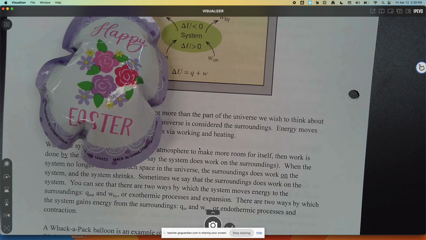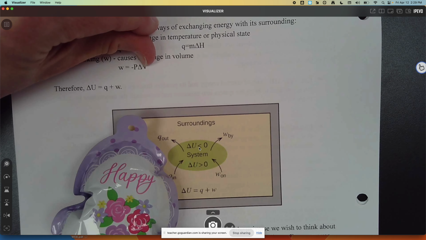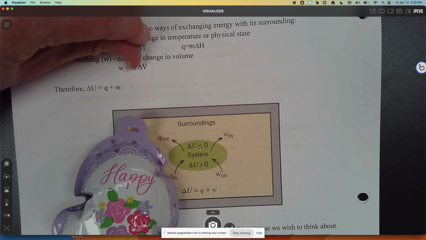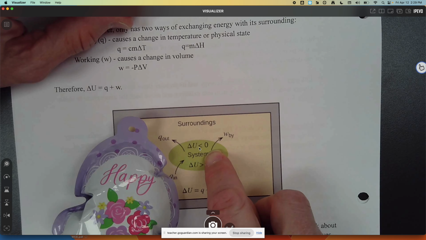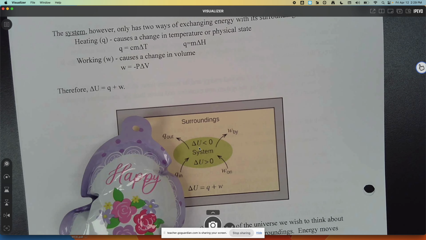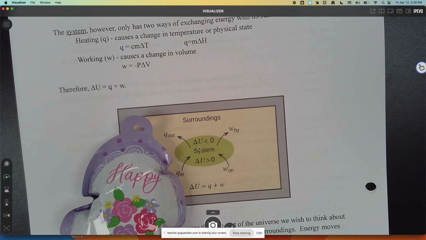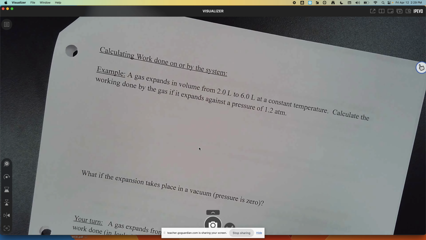Because we're pushing back the atmosphere and the volume is increasing, the quantity negative P delta V is going to be negative, so working is done by the balloon. The balloon is having to spend energy to push back the atmosphere out of its way. That's about the idea of working here.